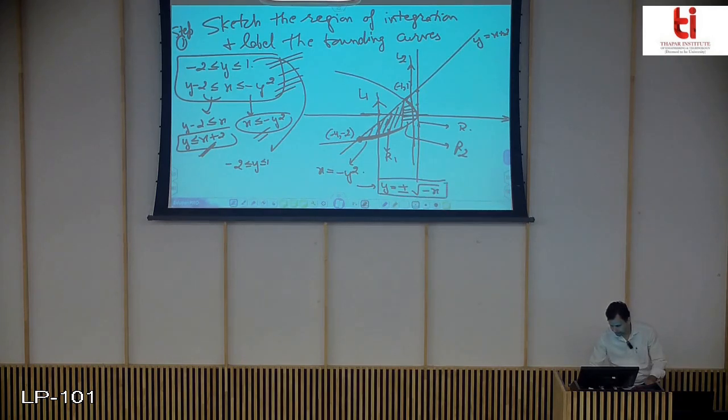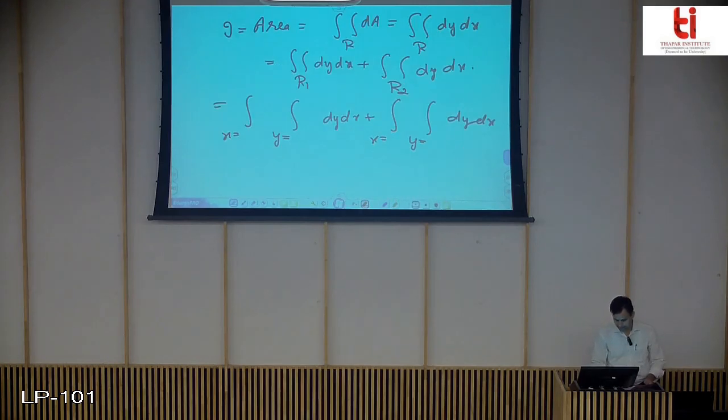Up to here, you can see the value of y is negative, so minus of under root minus x. So it is entering at y equals to minus under root minus x.